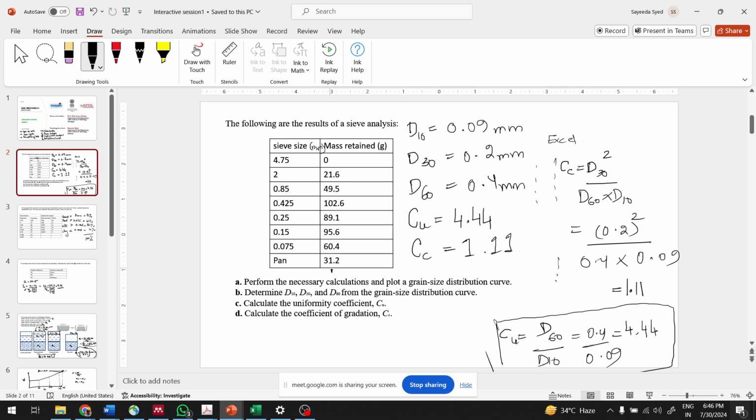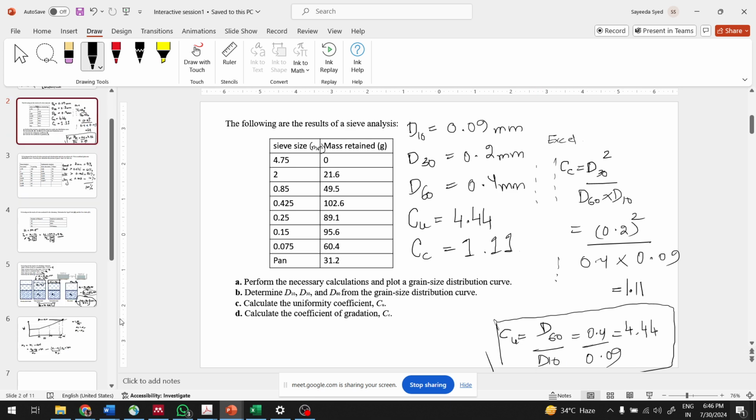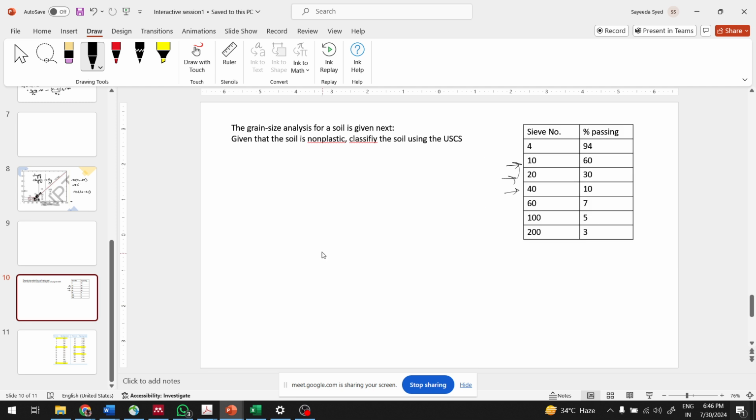As we have already discussed here, Cu is D60 by D10 and Cc is D30 square divided by D60 into D10. So our Cu is D60 over D10 and our Cc is D30 square over D10 into D60.